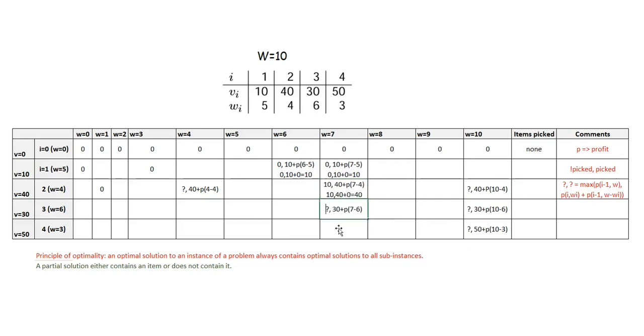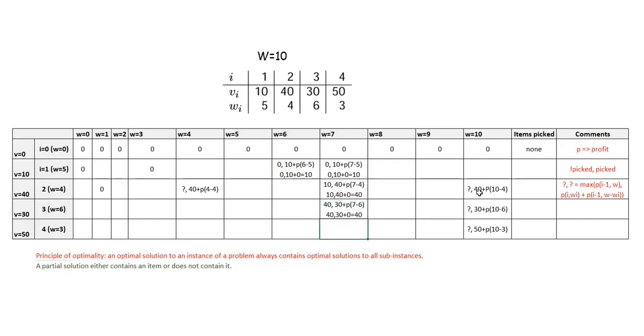Now we can easily resolve this one as well. Instead of question mark, we put 40. So 40 or the remaining one. Either 40 or pick 30 plus P7 minus 6 is P1. So P1 is 0. So we have 40.